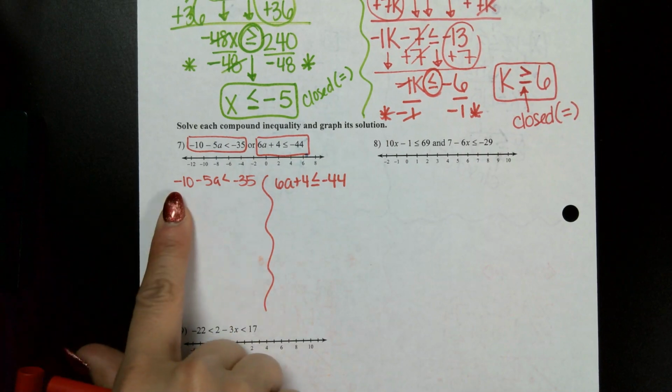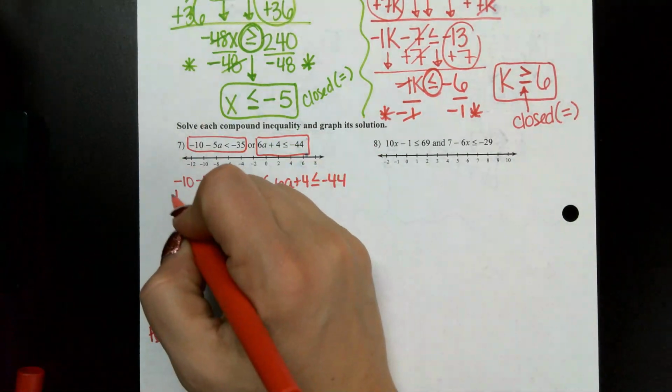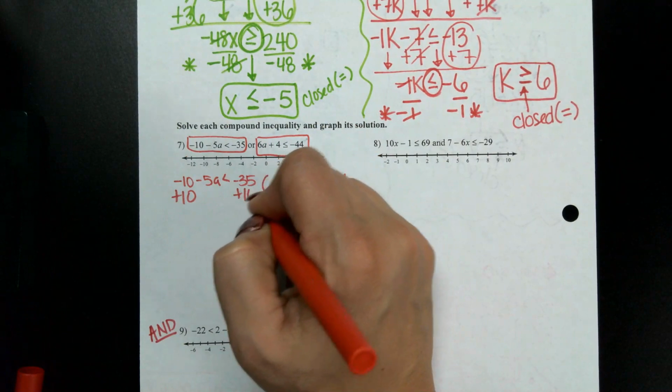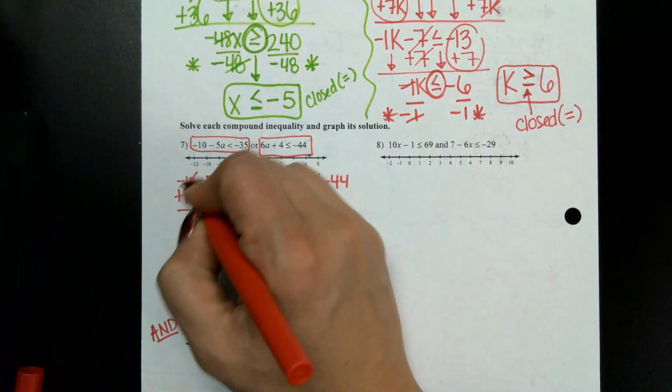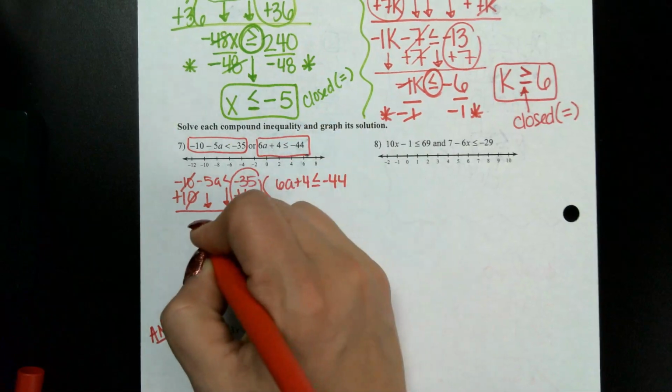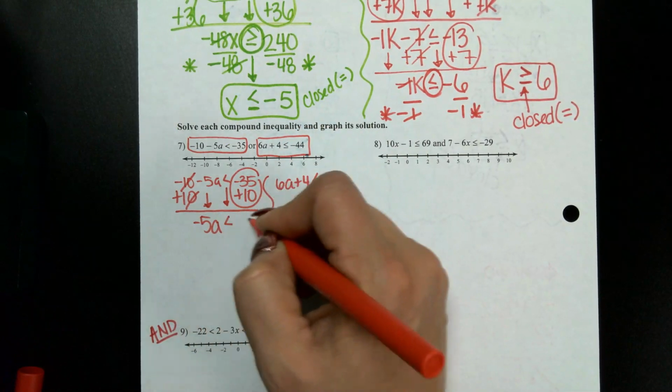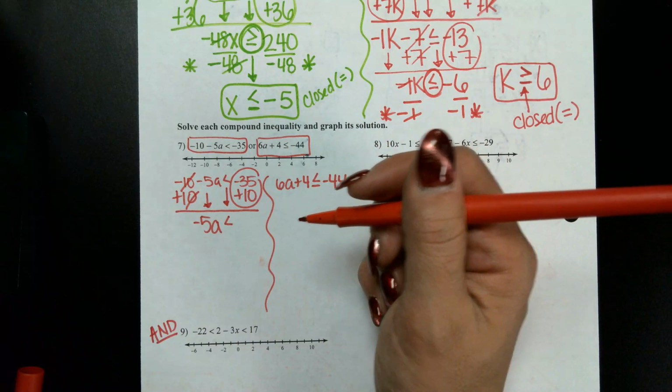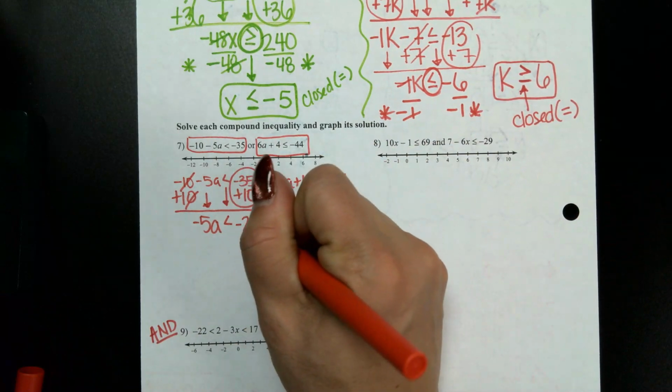Okay, how do I do this? Add the 10. Is less than negative 25.